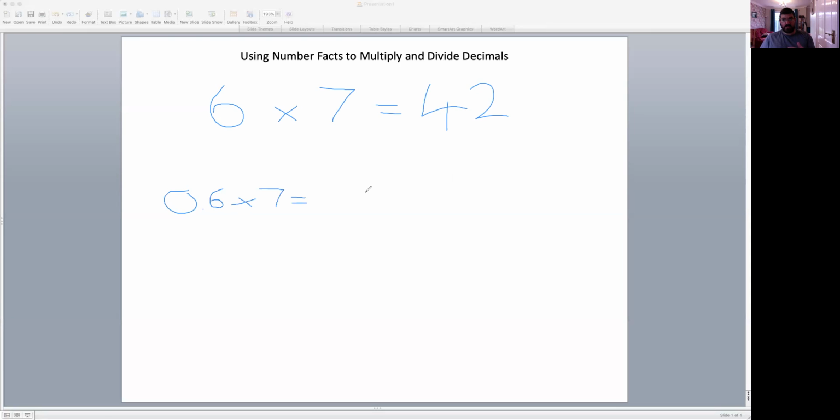That's the key. It's 4.2. All right, so 0.6 times 7 is 4.2.